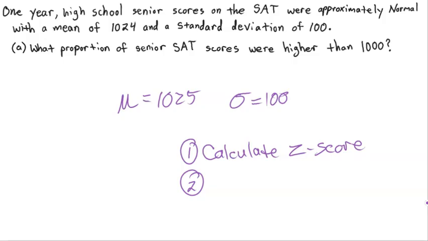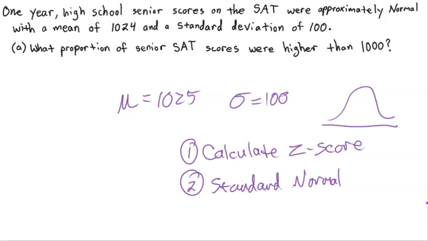Then step 2, we need to go to the standard normal curve, the standard normal distribution curve. We have to put in the z-score that we calculated, and we have to make sure we're looking for a higher than. So we have to make sure that the curve is set with the right side shaded, because the right side shaded is the higher than, okay? So step 1, calculate a z-score.